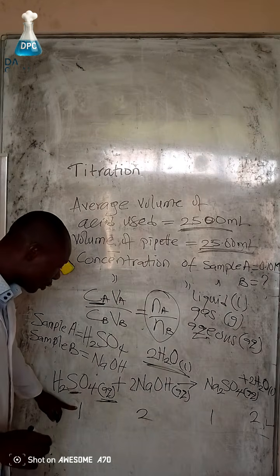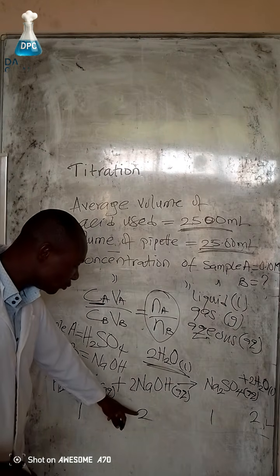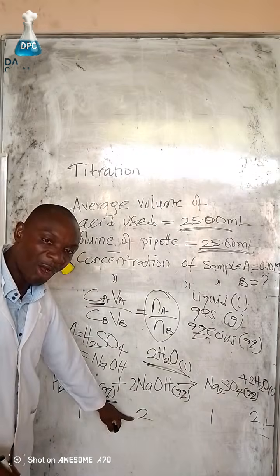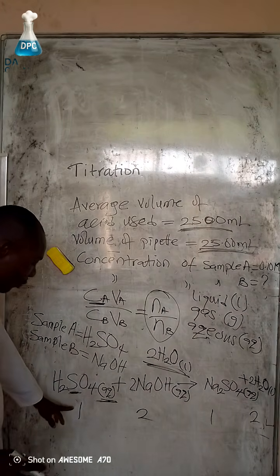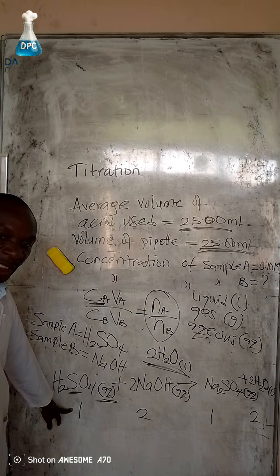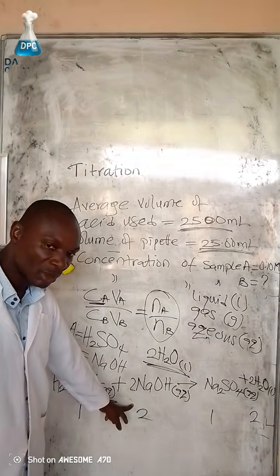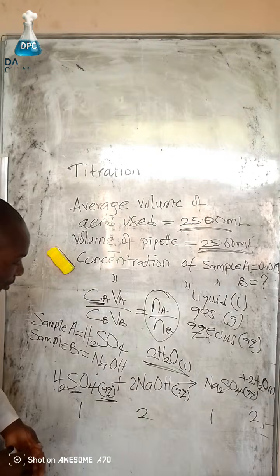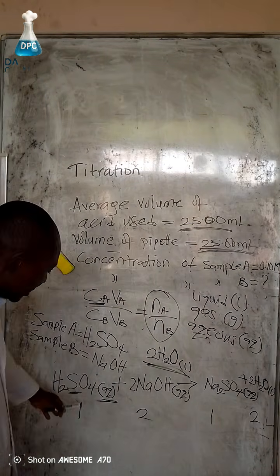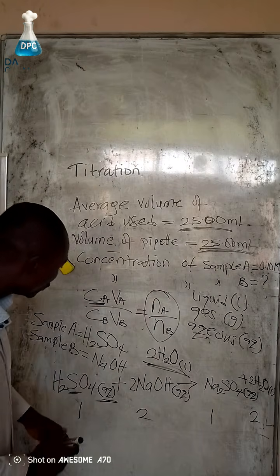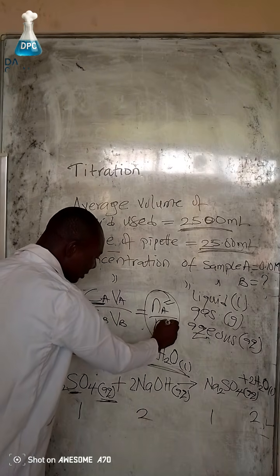So 1 mole of H2SO4 reacted with 2 moles of sodium hydroxide. I say again, 1 mole of solution A, 2 moles of solution B. Now, given this, we'll be able to know what is A and what is B.